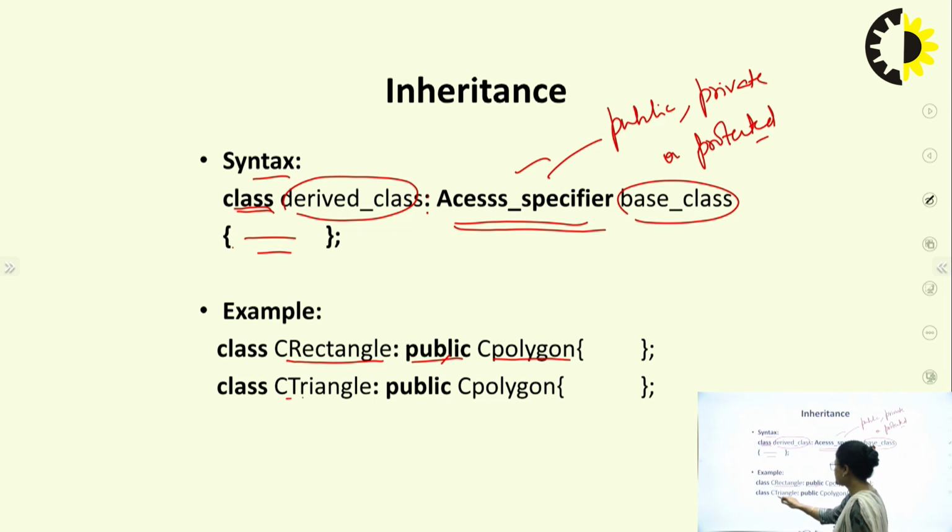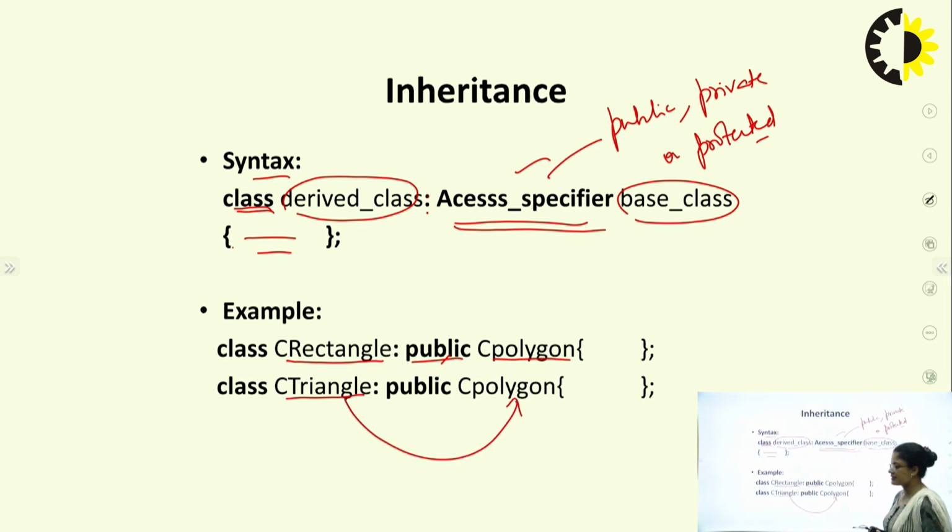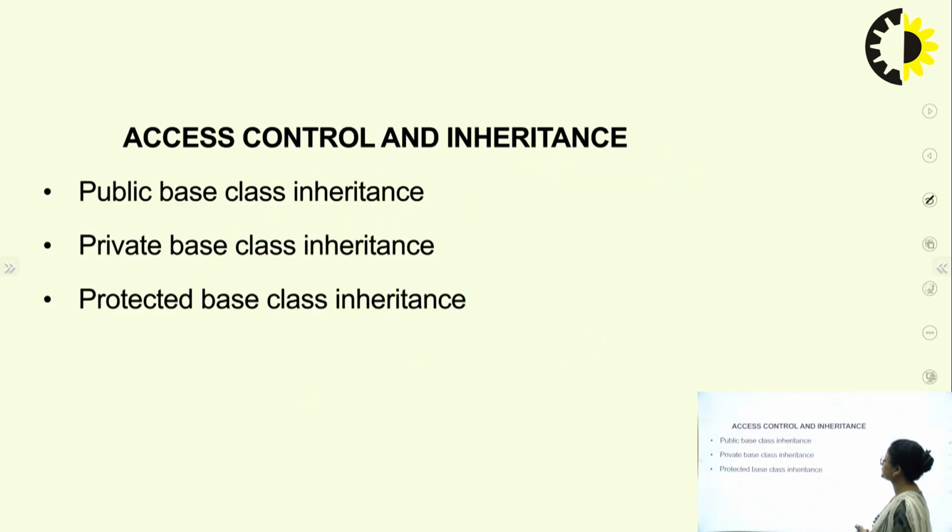Similarly, we have CTriangle, a derived class deriving from the base class CPolygon, with the access specifier public. Inside the braces we have the body of the derived class. What does this derived class do? What are its member functions? What are its member variables? We'll be declaring them within these braces. Similarly for CTriangle. So this is just the broad syntax for how to ensure inheritance.